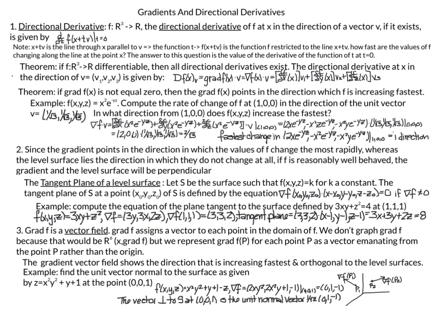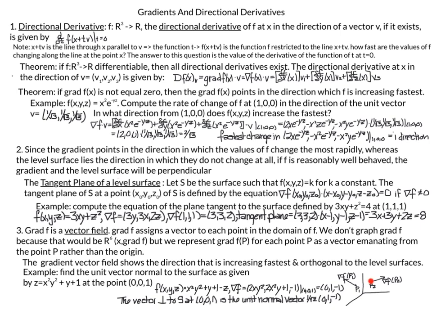But we can represent the gradient for each point P as a vector emanating from the point P rather than the origin. So in other words, here's our graph. At point P1, P2, we'll just plot it.